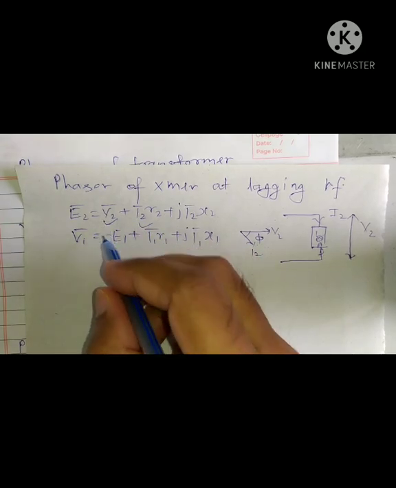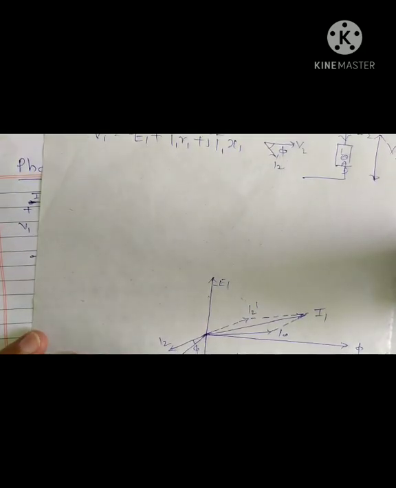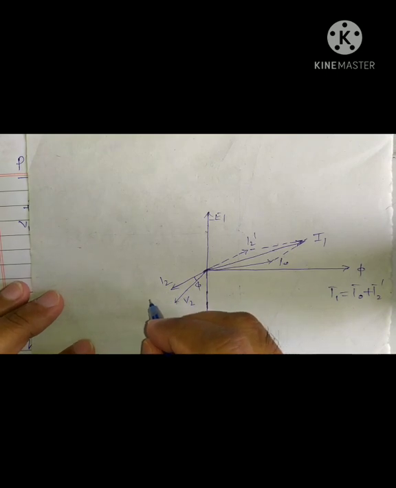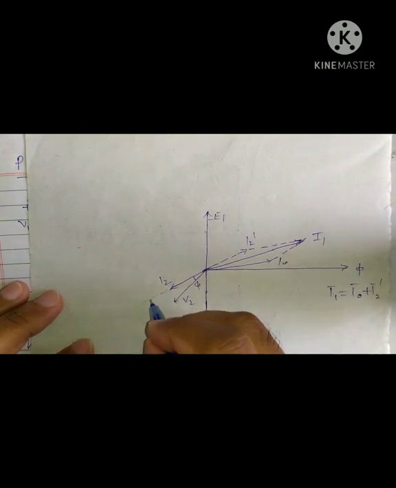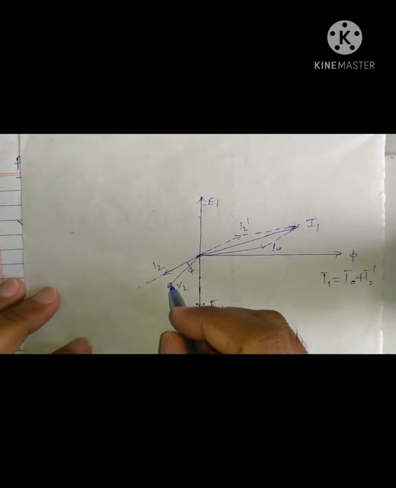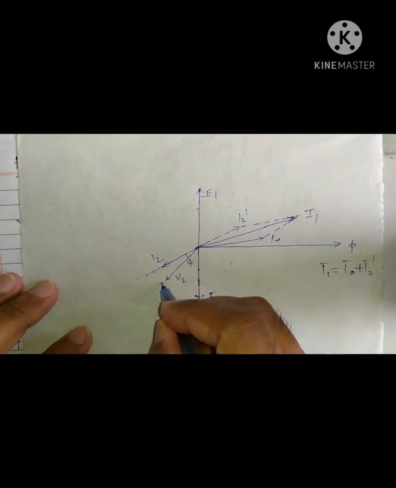I2R2 will be in phase with V2. So if it is the locus of I2, then from V2, I2R2 will be shown, that will be in phase with I2. So I2R2 is here.